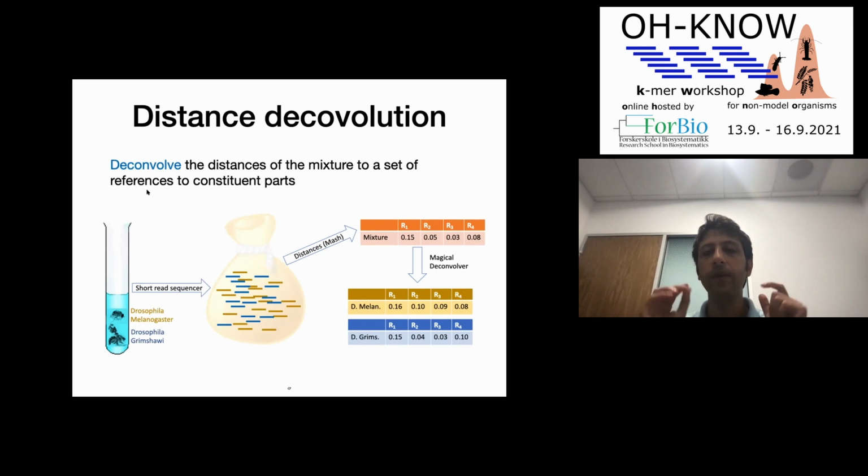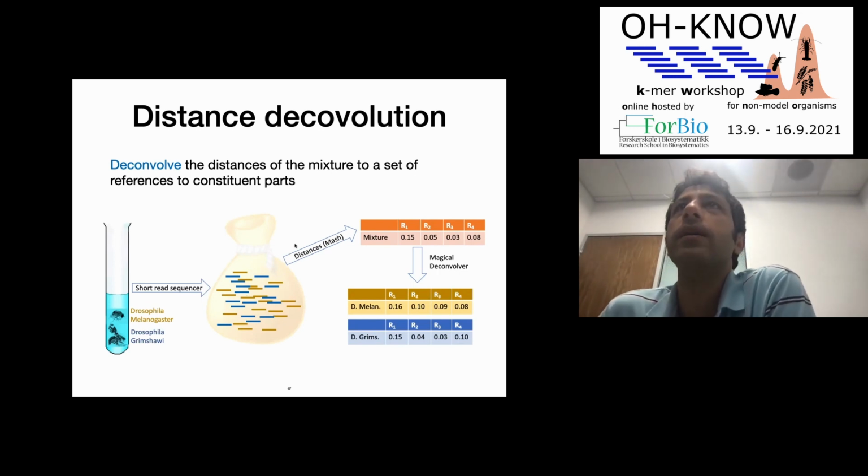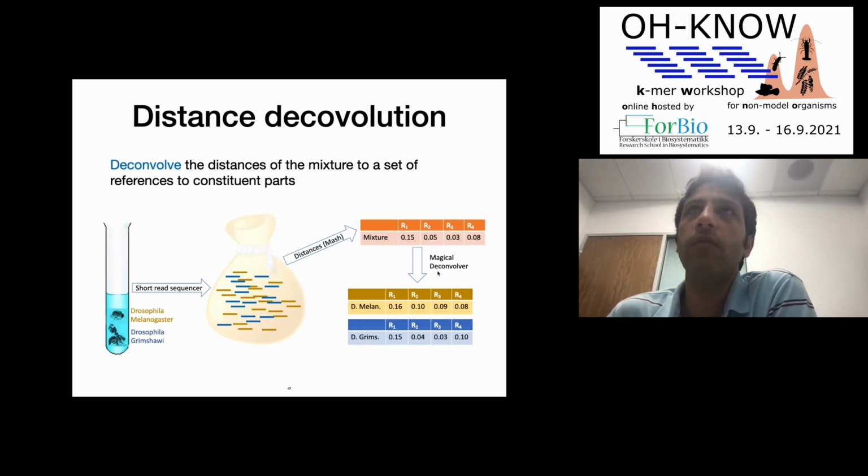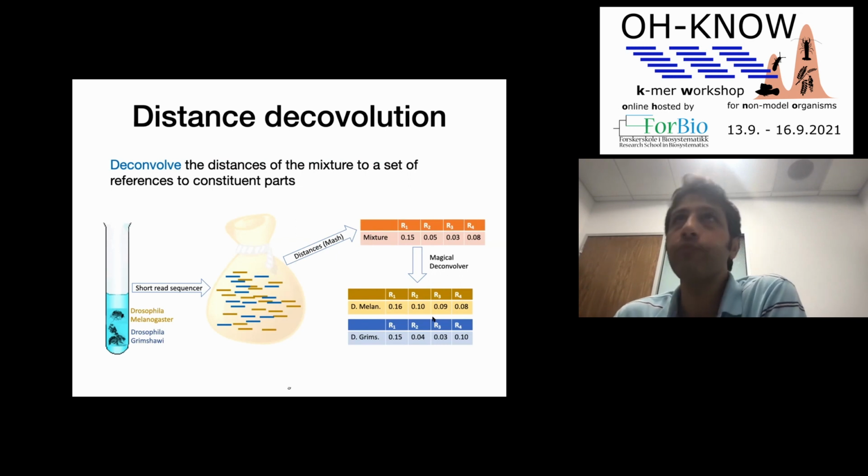The way we think about it is the following. Remember, we got these distances from the mixed sample to each of the references. Can we design a magical deconvolver that takes this vector and deconvolves it into two vectors? Basically, your constituents, we wouldn't know exactly what they are. These names we wouldn't quite know yet.